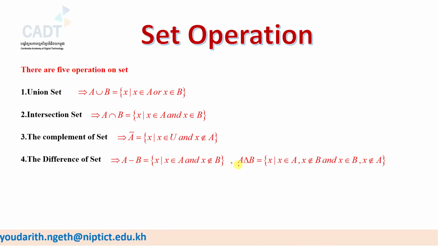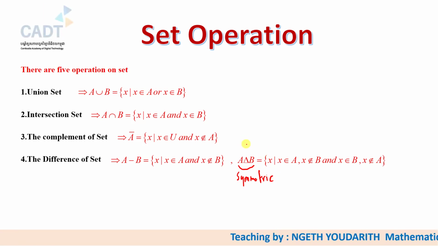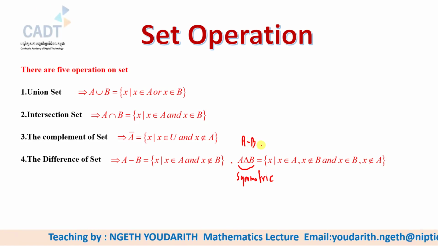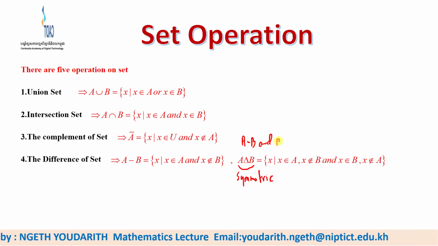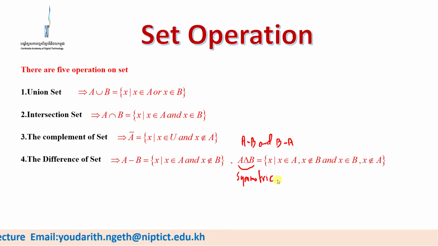This one we call the symmetric difference. It means that A different B and B different A. This is the symmetric difference.